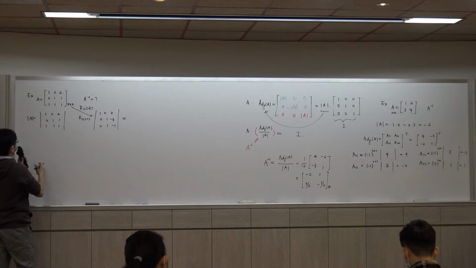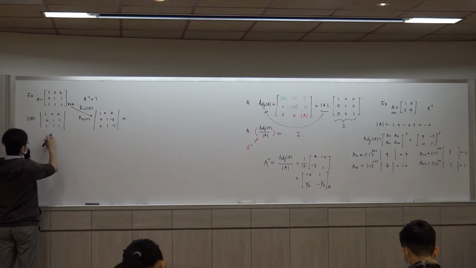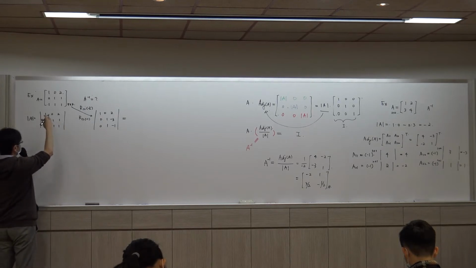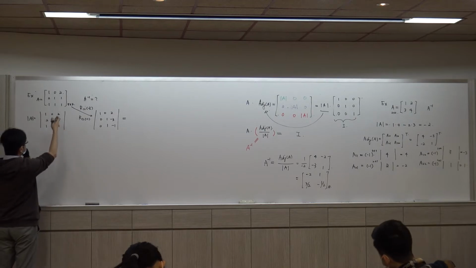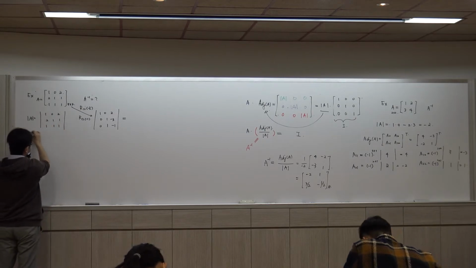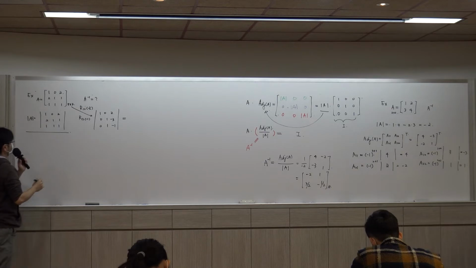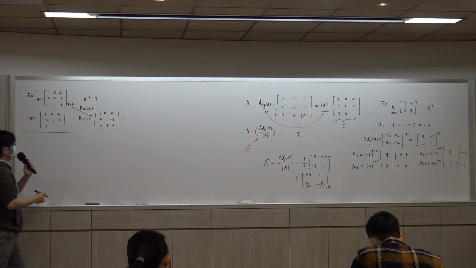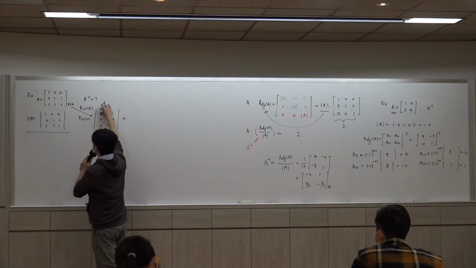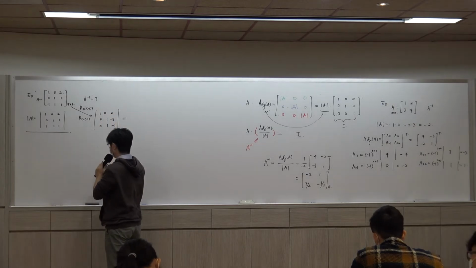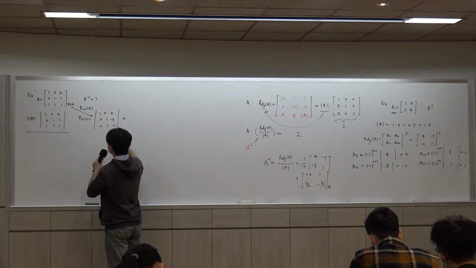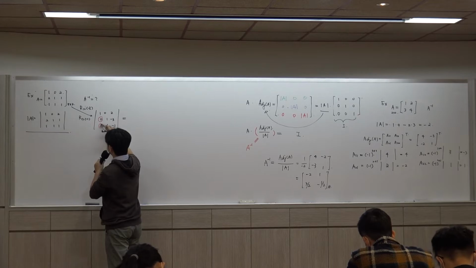We can derive it with the positive elements, or we can use row operations to create more zeros.